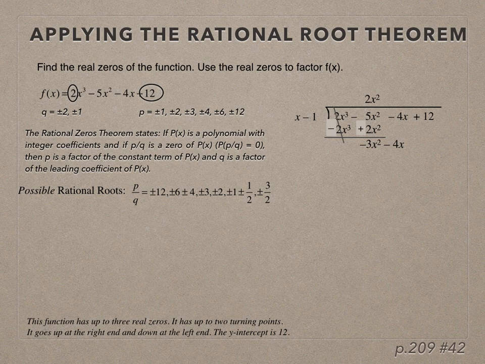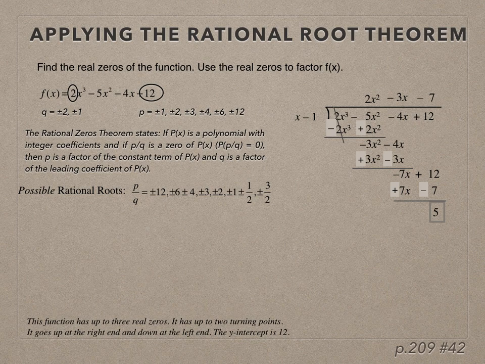Same question, x times what is negative 3x squared? Multiply that negative 3x by both terms. To subtract, I change my signs and I add. Last step of this division problem, x times what is negative 7x? Negative 7x plus 7. I'm going to change my signs and add. I get a remainder of 5.